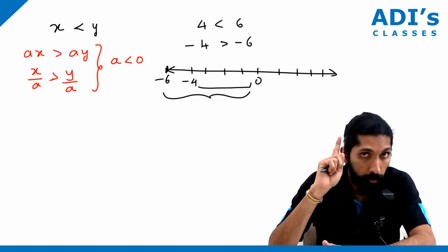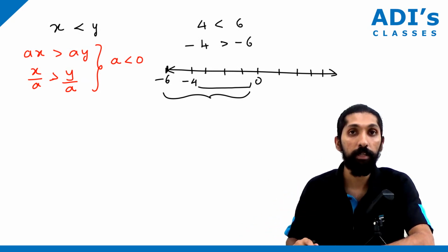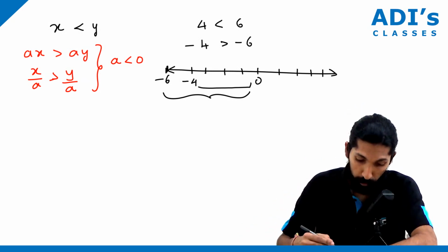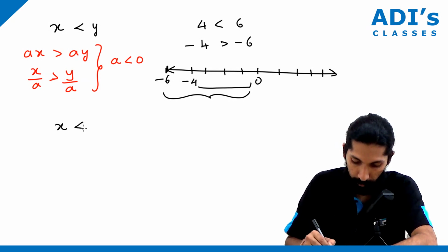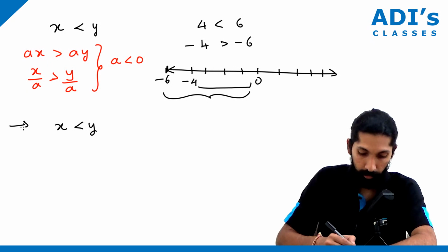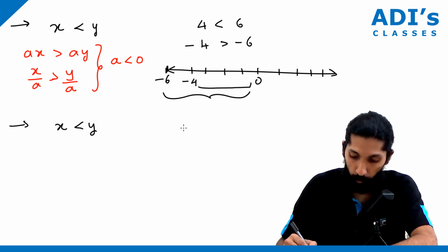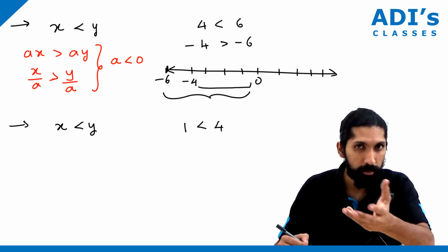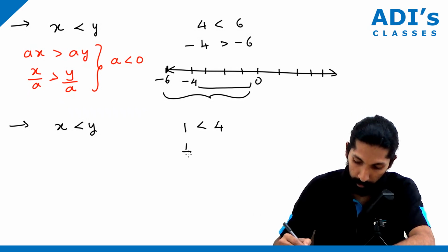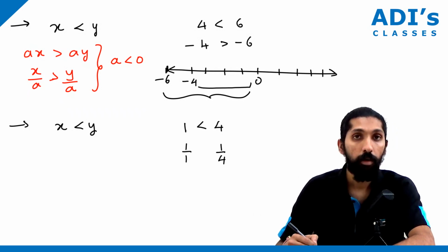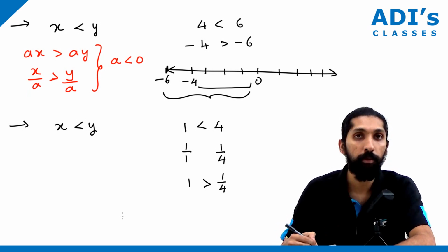Alright? There is one more condition where the inequality will reverse. That condition is the reciprocal. Suppose if you take simple numbers, say we have x is less than y is the next condition. Say simple numbers, 1 is less than 4. Very simple. Reciprocate. That is 1 by 1, 1 by 4. 1 by 1 is 1. 1 and 1 by 4. 1 is greater than 1 by 4.